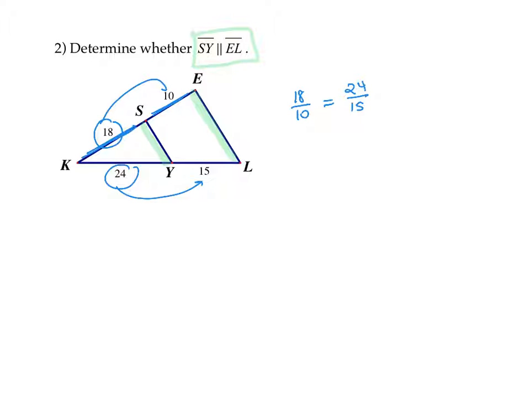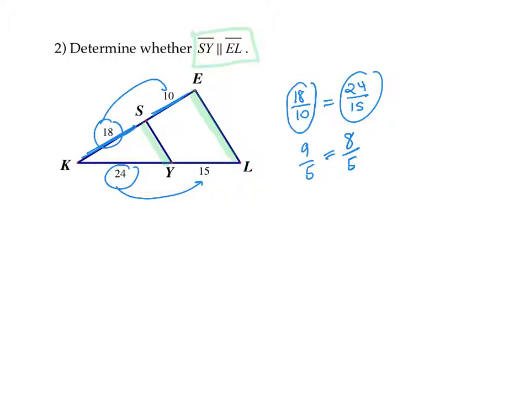All right, I would probably just reduce these two fractions, and 18 over 10, if I divide by 2 in both the numerator and the denominator, I get 9 over 5. And 24 over 15, I know that I can reduce it by dividing by 3. 24 divided by 3 is 8. 15 divided by 3 is 5.